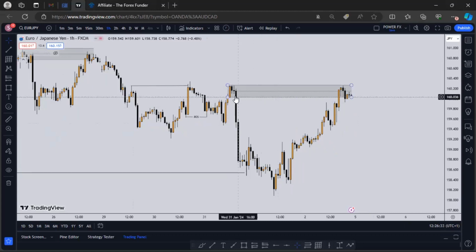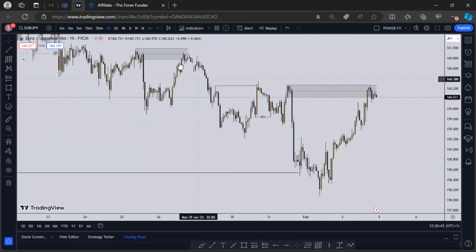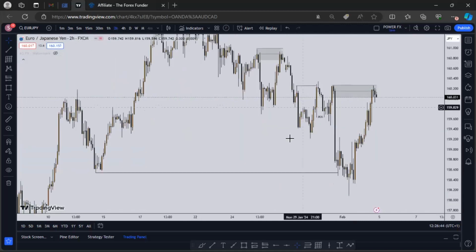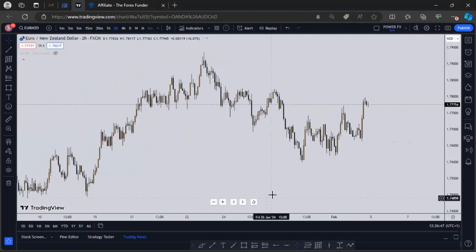So this is a good analysis for a massive sell all the way to the downside because the price has mitigated already. So let's look for other examples. Let me look for other examples to show you guys.